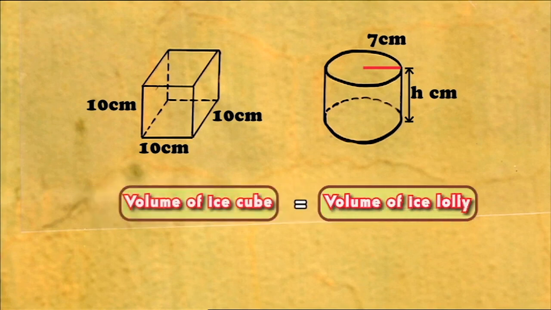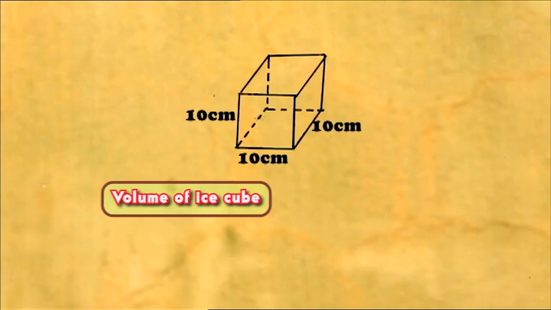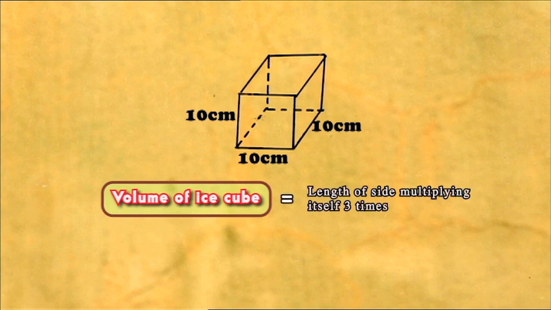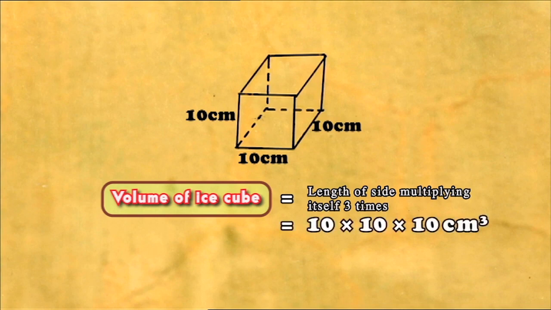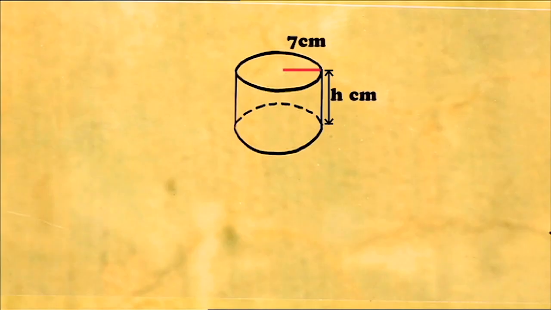The volume of the ice lolly equals the volume of the ice cube. The volume of the ice cube equals the length of its side multiplied by itself 3 times. In other words, 10 times 10 times 10, which equals 1000 cubic centimeters.